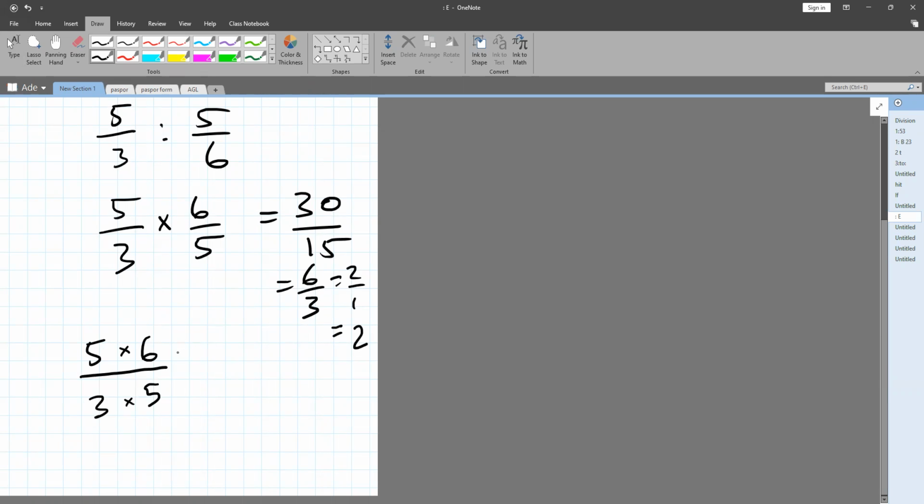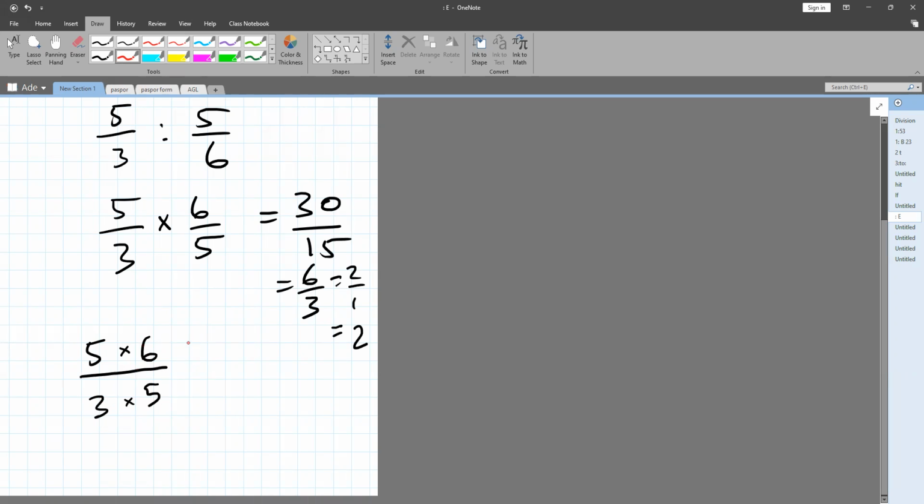What I want to show you is that before you get the answer 30 on 15, if you can simplify at this point, that'll be better. If you have 5 times 6 divided by 3 times 5, you have 5 and 5 at the top and at the bottom.